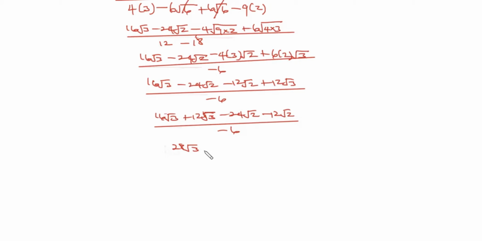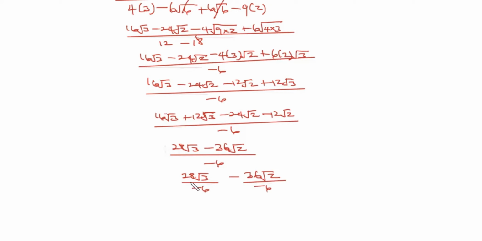This gives you minus 36√2, all upon minus 6. We have to express in the form of m√3 + n√2. So we're going to divide throughout by minus 6. So here we say 28√3 divided by minus 6, and then minus 36√2 divided again by minus 6.